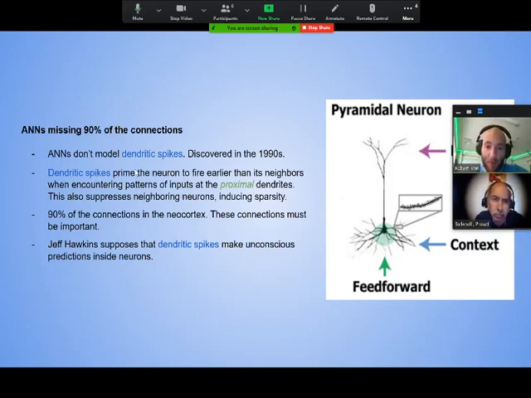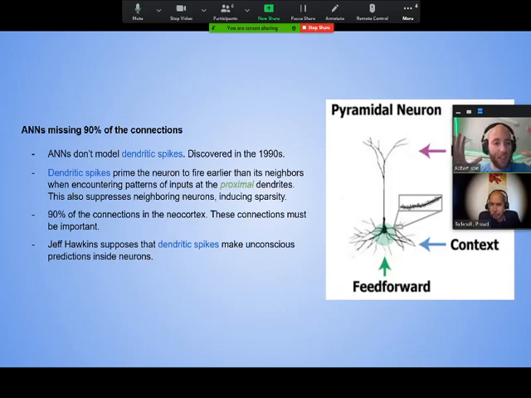Dendritic spikes prime the neuron to fire earlier than its neighbors when encountering patterns on inputs at the proximal dendrites. This also suppresses neighboring cells, and it induces sparsity. So all the neurons around this one will probably fire to the same pattern, and they're all going to race to the pattern.